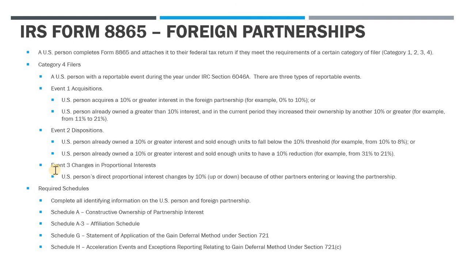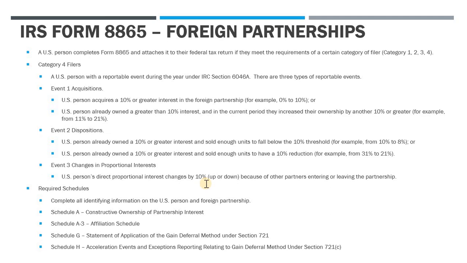And then last but not least, the third event is just a change in proportional interest. So this is kind of a catch-all, because what it does is it ensures that you might have a reporting obligation even if you didn't directly acquire or dispose of any units. You just had a change in ownership because other people were coming in and out of the partnership. So if we think about that practically, right, if you invest in a partnership, so I contribute capital, I get ownership units in exchange, and then somebody else comes in, I haven't done anything, right?